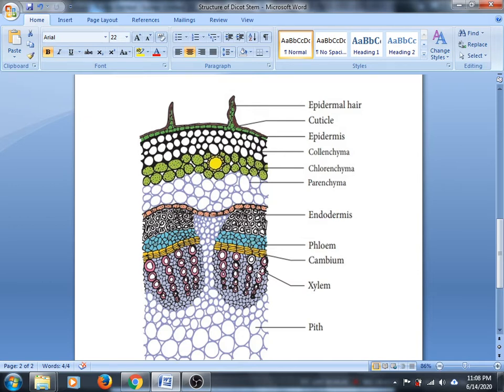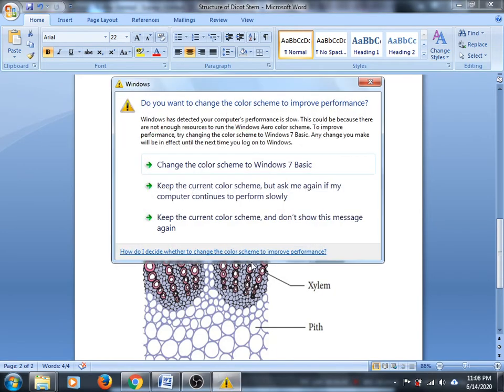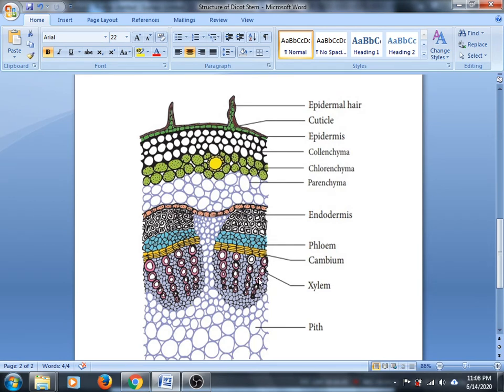The xylem is classified into two types: protoxylem and metaxylem. The protoxylem is small sized xylem and the metaxylem is large sized xylem. If the protoxylem faces toward the center, the vascular bundle is said to be endarch.